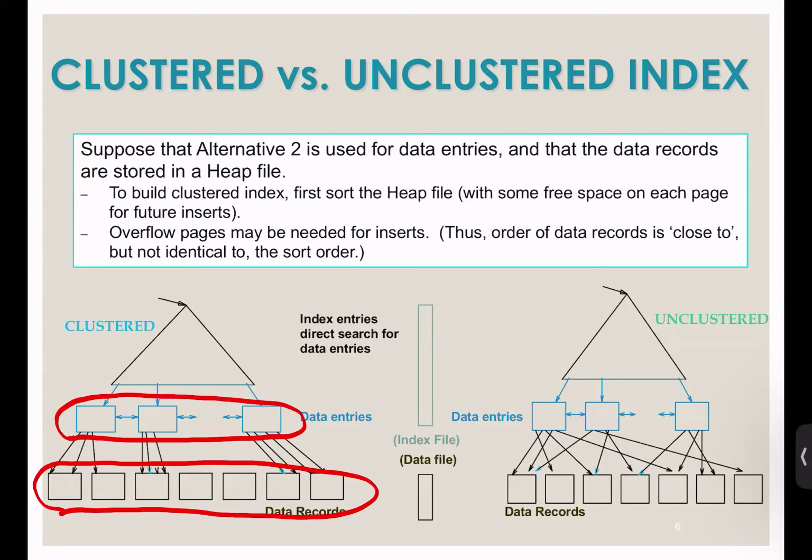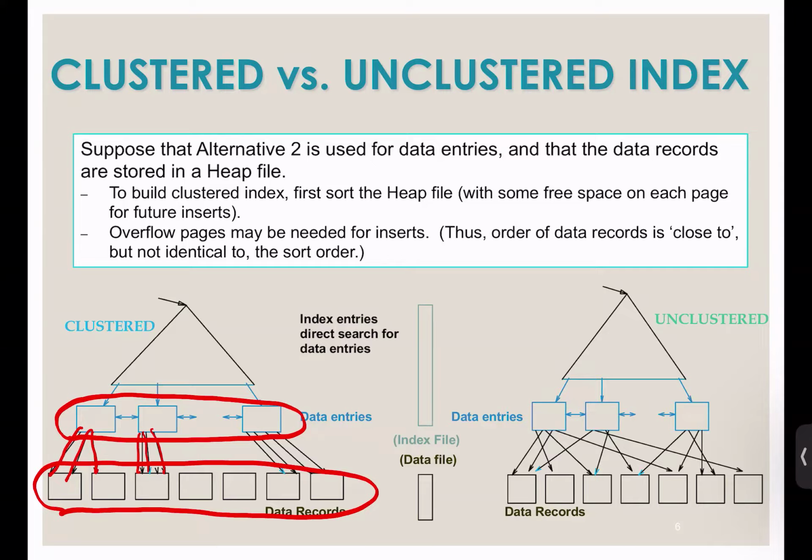And if you look at the order of the data entries that point to the actual data records, they're following the same order. So if you look at the pointers, there will not be pointers that cross each other because the order just goes on in the same direction.